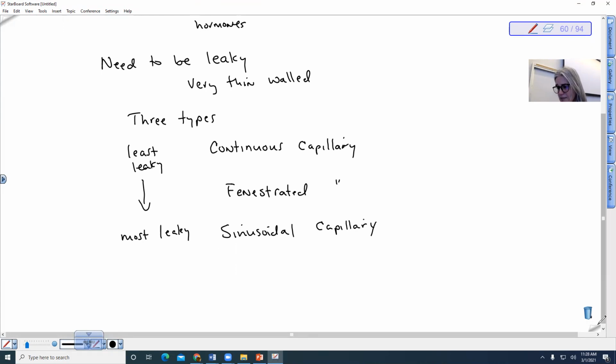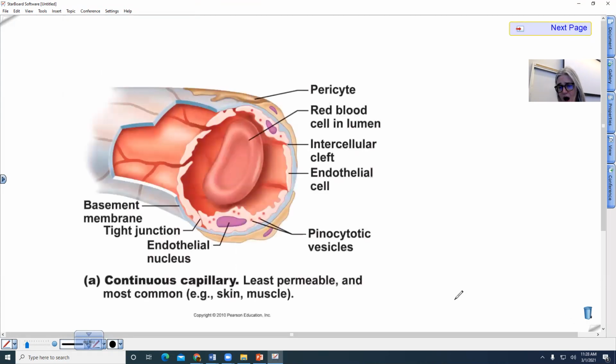in the body. The most common type of capillary is the continuous. They are the least leaky, the least permeable, but they're the most common. For example, they could be found in your skin, in your muscles, and also in your lungs and in the brain.